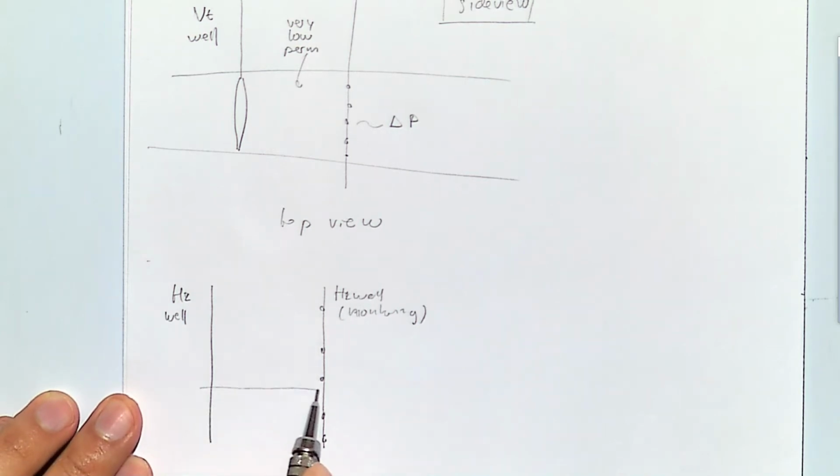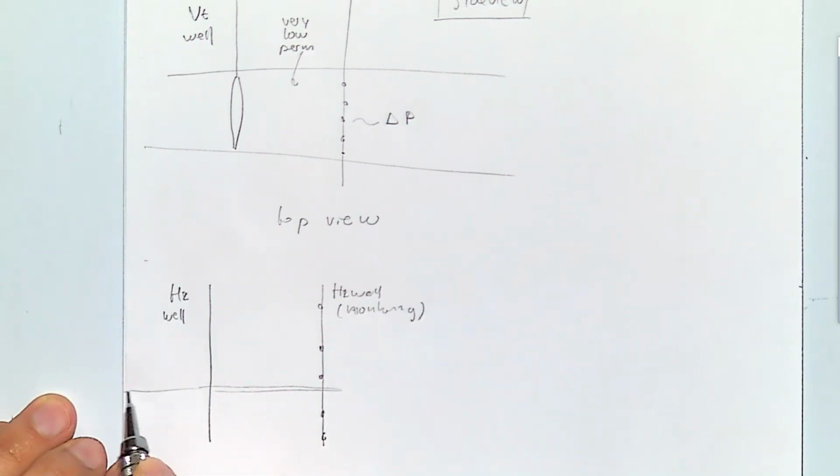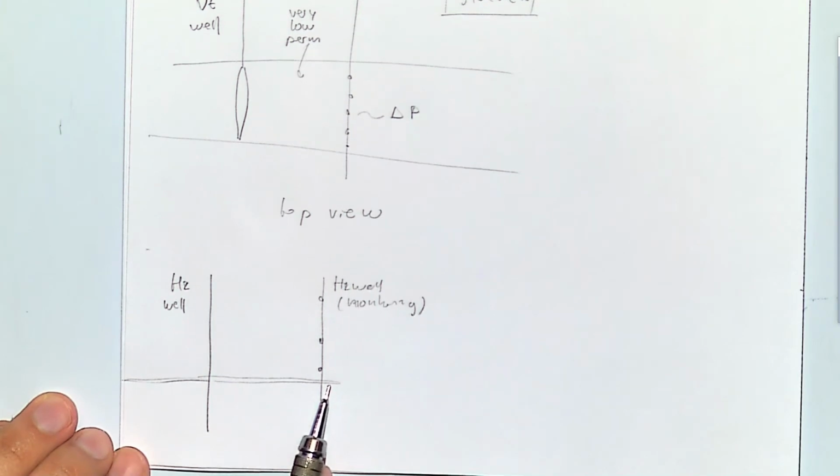If you have a fracture that goes through close to those sensors, you could also measure a change of pore pressure because of the deformation it causes around the fracture. You wouldn't expect major changes of pore pressure unless there is some permeability channel that connects.